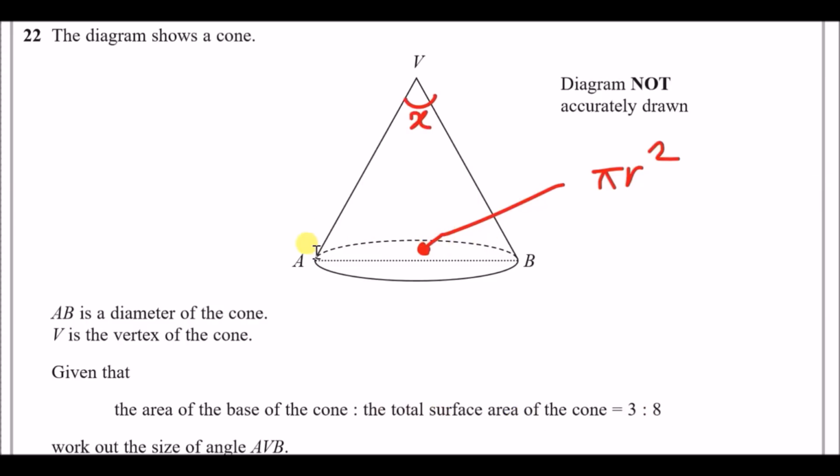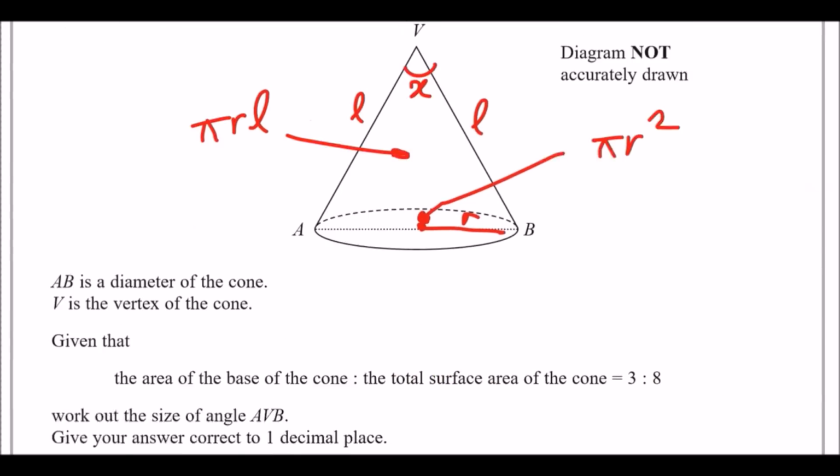Firstly, it's the area of the base plus the curved surface area. And the curved surface area is in the front, which is pi r l. Now L is the diagonal length here, so we can call this diagonal length L, yeah? Radius from here to here. So far so good.